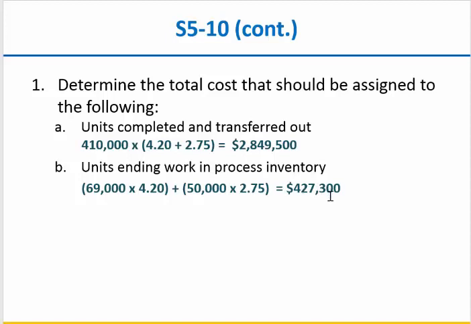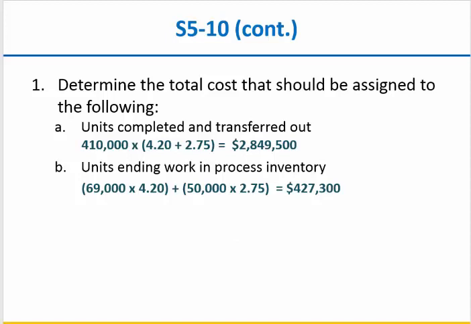So don't forget that you have work in process inventory, maybe raw materials, and finished goods inventory. I'm not going to mention the other two, but you definitely want to include the $427,300, the dollar value of work in process inventory, in your total inventory account.